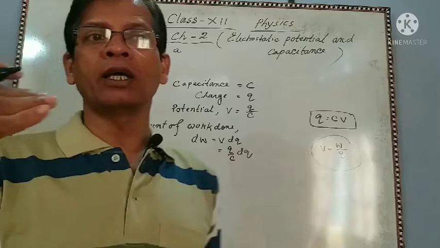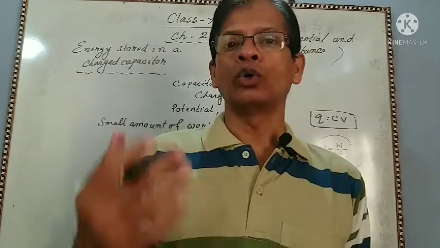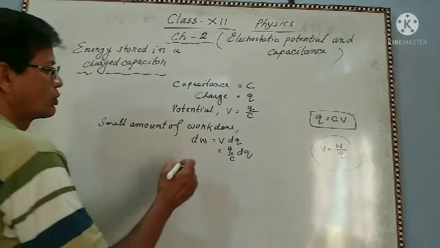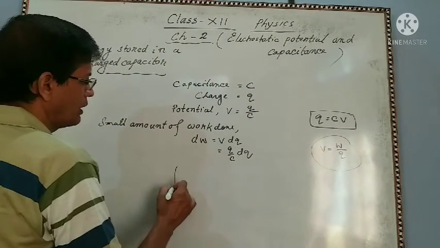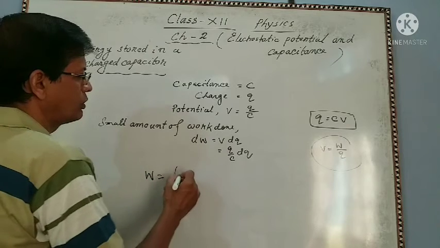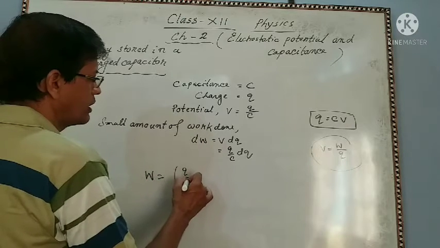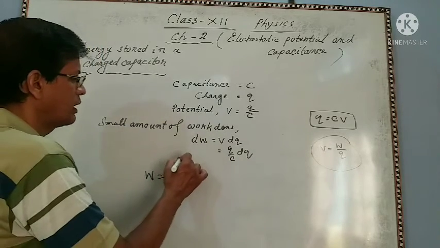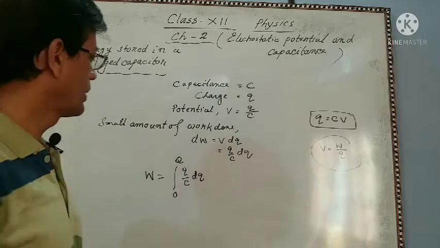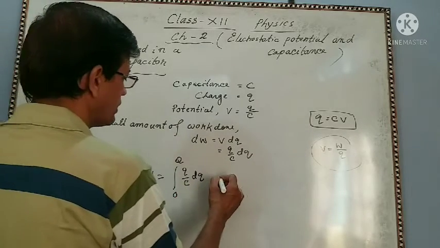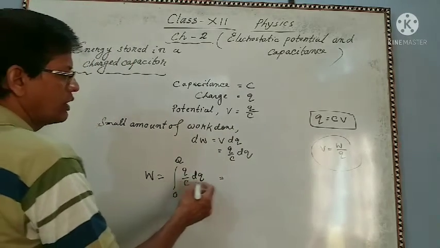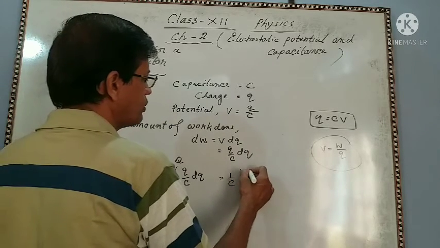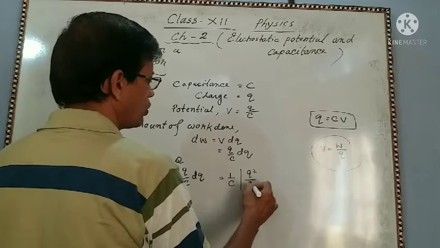So what will be the total amount of work done to charge the capacitor by an amount of charge Q? Total work done W equal to the integration of Q by C dq. Initially the charge was 0, now it is charged to Q. C is constant, so it comes out. The integration of Q dq is Q square by 2.